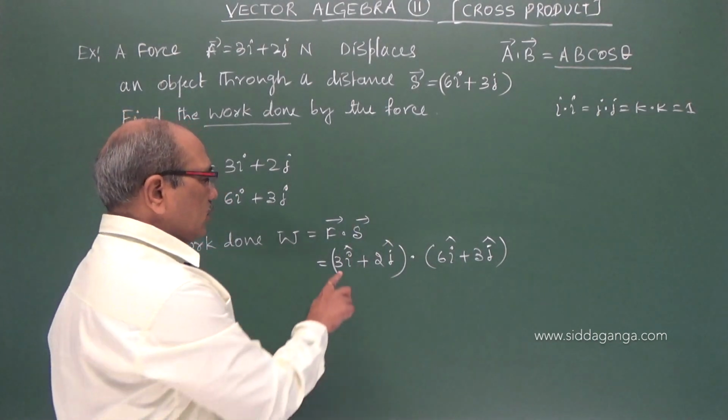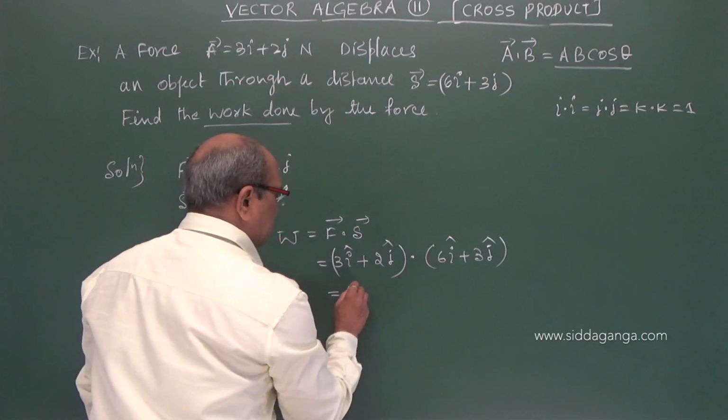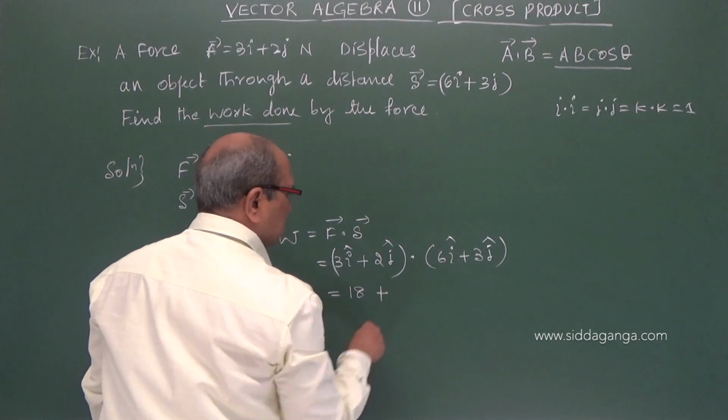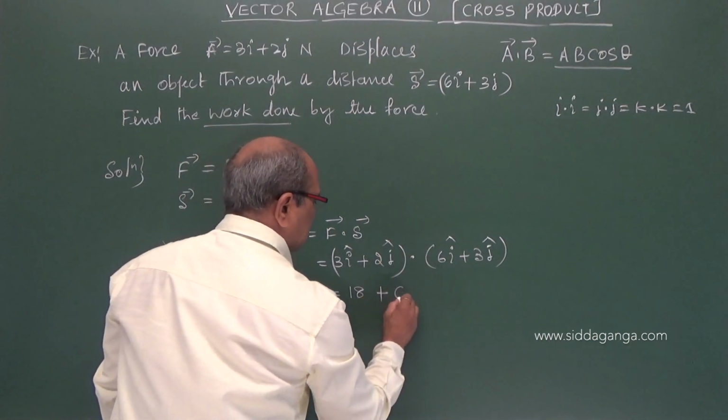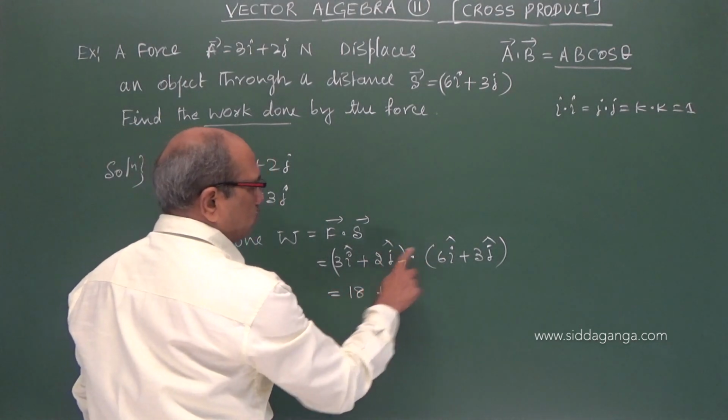So therefore, I only consider the i components: 3 times 6 is 18, i into i is 1, plus 2 times 3 is 6.